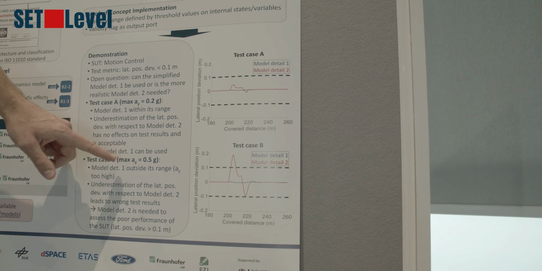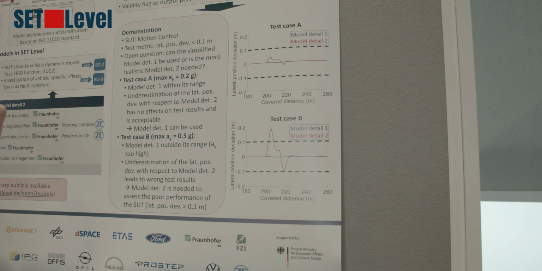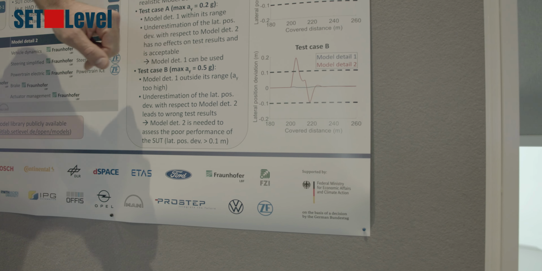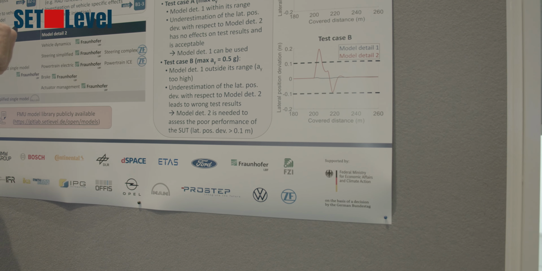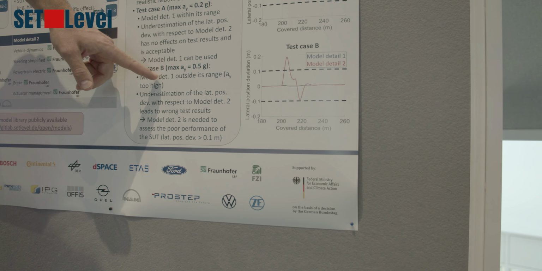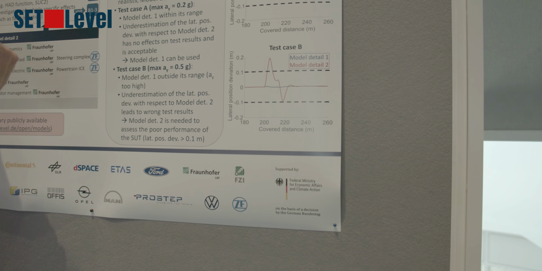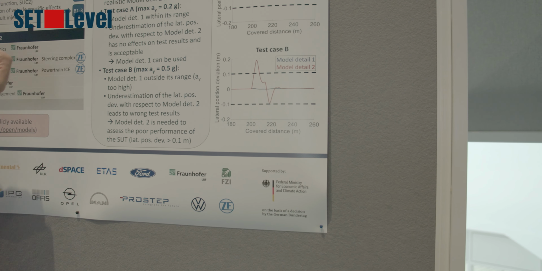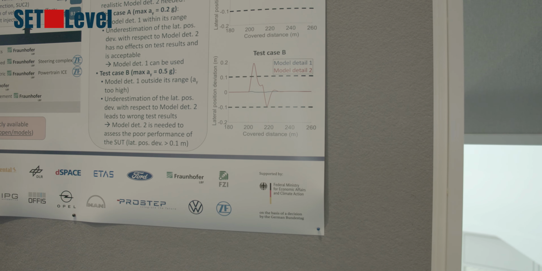But when we move to a test case with higher dynamics, in this case a lateral acceleration of 0.5 g, then we have the problem that model detail 1 goes outside its range. The lateral acceleration is too high for the assumptions of this model.